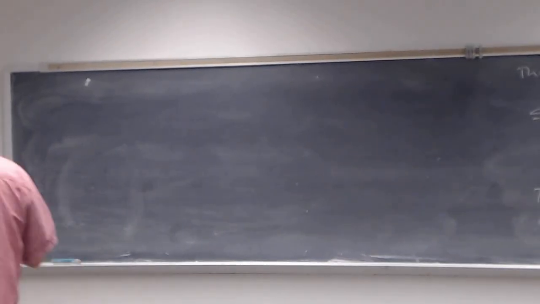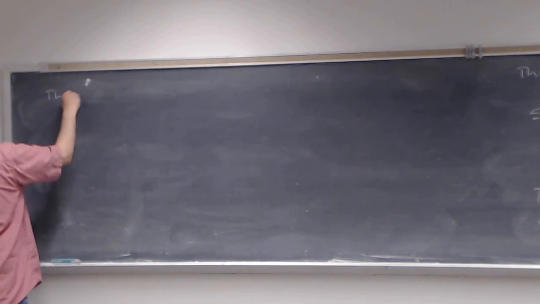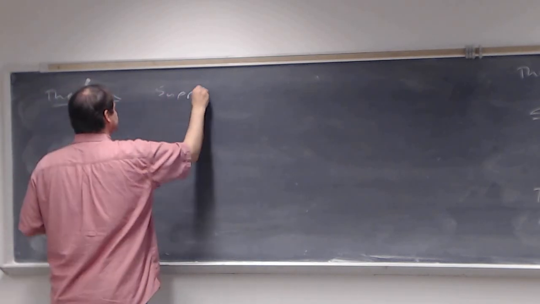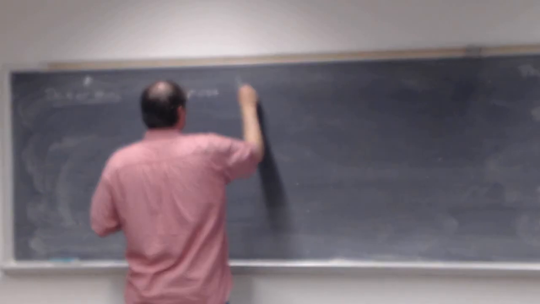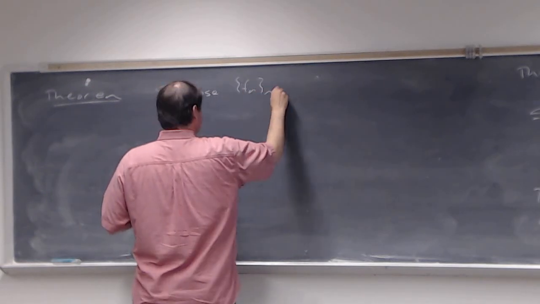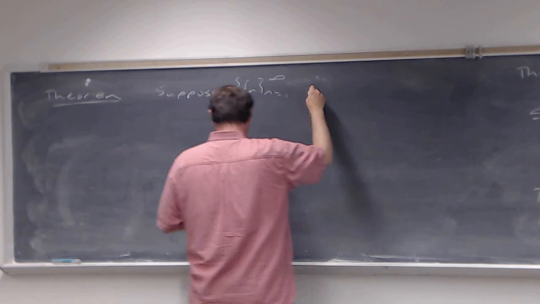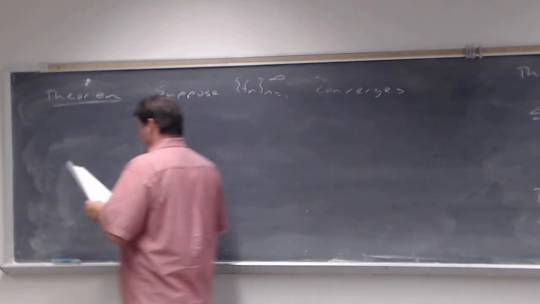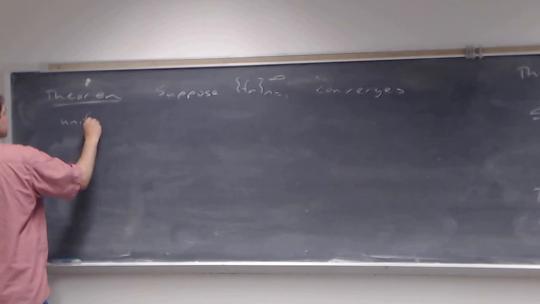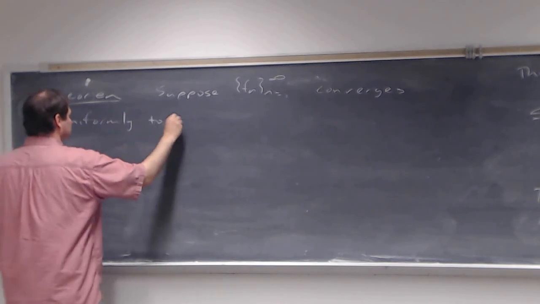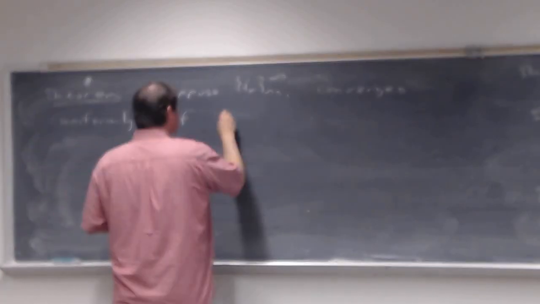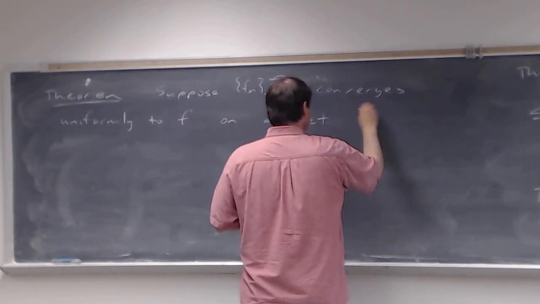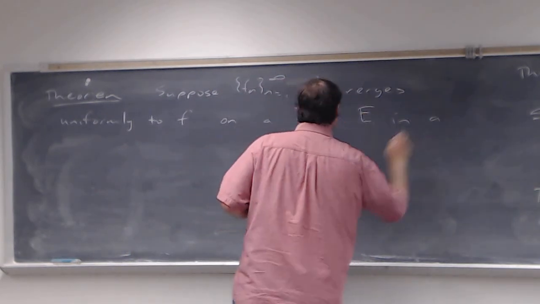Here's another theorem. It says, suppose f sub n converges uniformly to f on a set E in a metric space.